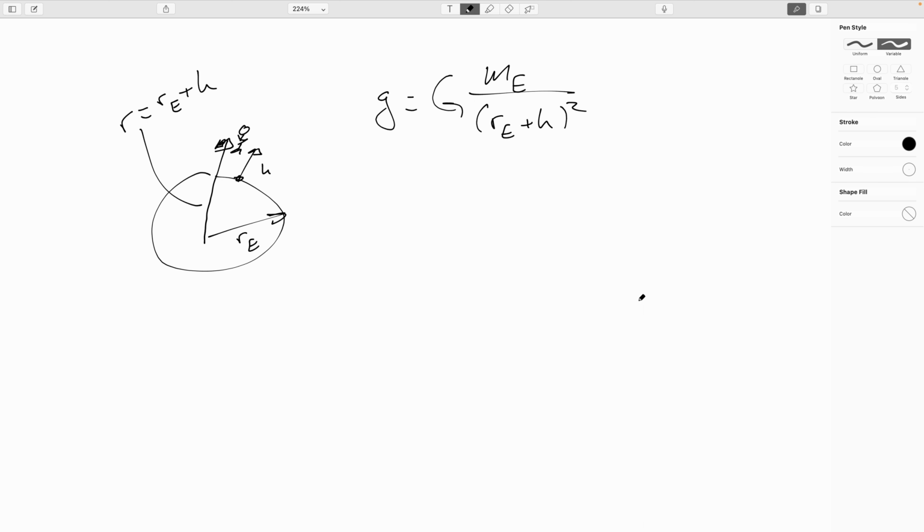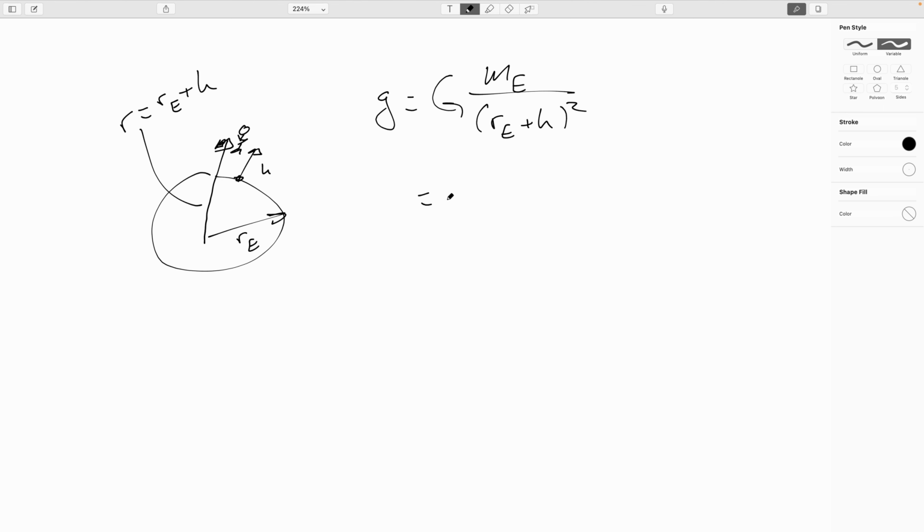Now there's a trick we can do here. I want to get this into a form that looks like the g we had before on the surface of the Earth. And I can do that if I pull a radius of the Earth out of both of these.